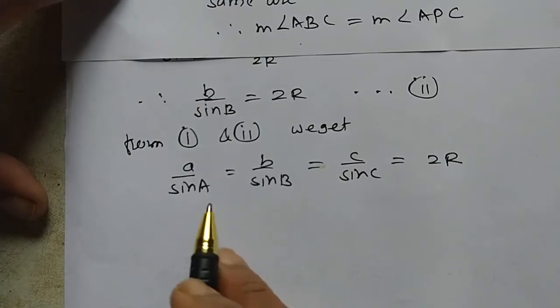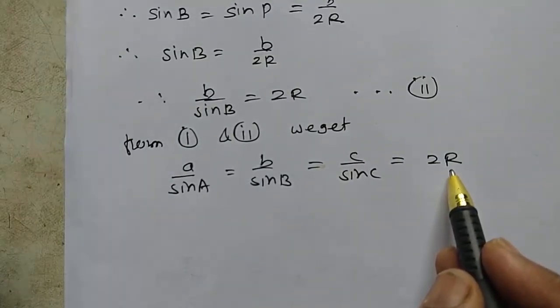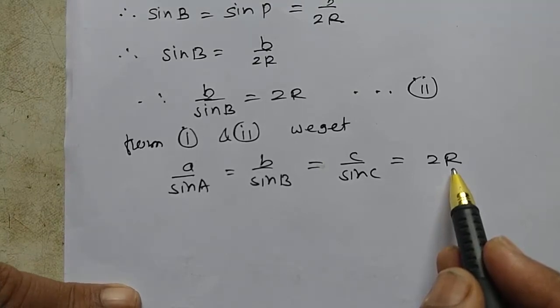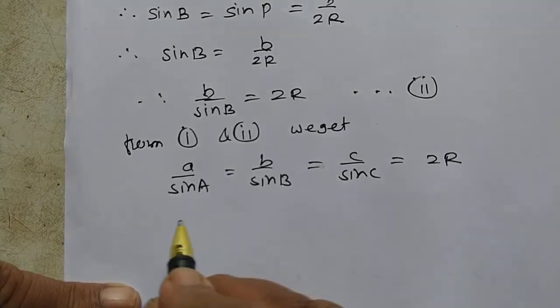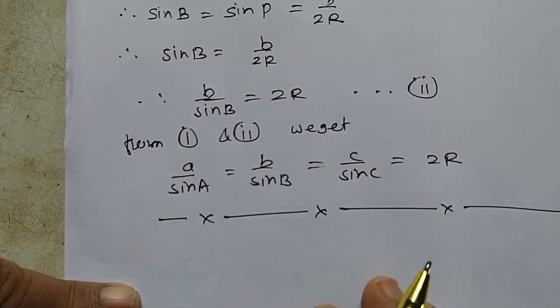Therefore, each ratio is equal to 2R, where R is the circumradius of the triangle ABC. In this way, we proved the sine rule in triangle ABC.